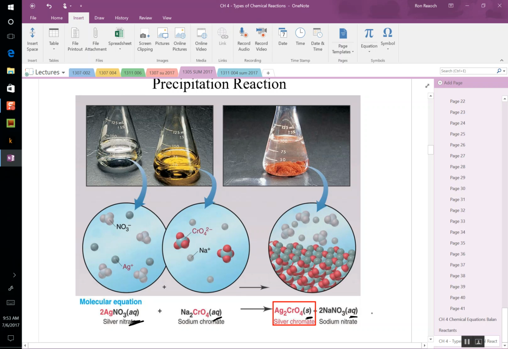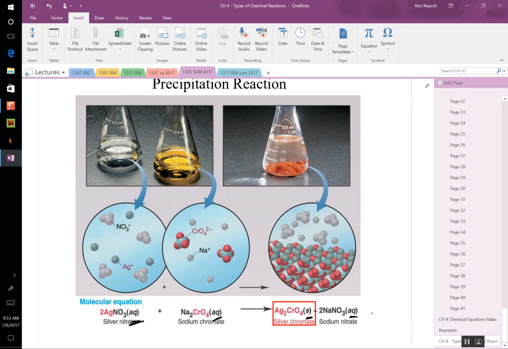Now, imagine I got these flasks in here this morning. Here's silver nitrate in solution, AgNO3 with an (aq) after it. What is that telling you? This silver nitrate is soluble in water. It's floating around in there as silver ions and nitrate ions in the water.